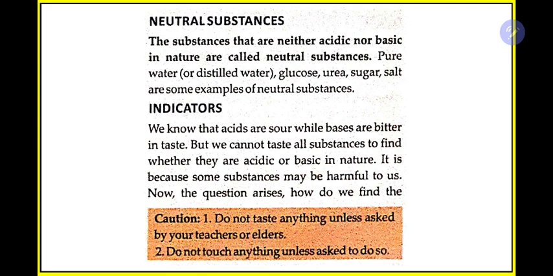So to be very clear, if in the exam it comes what are neutral substances, you will answer: the substances which are neither acids nor bases are known as neutral. For example, water. Water neither tastes bitter nor sour, so it is known as a neutral substance.